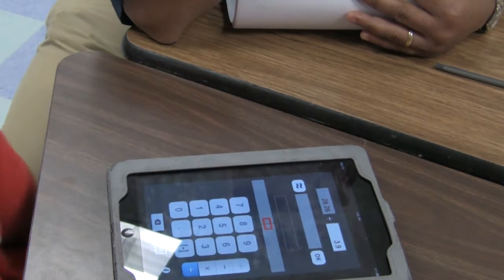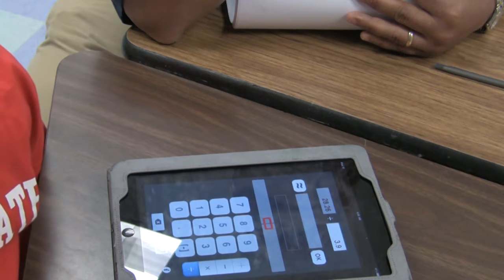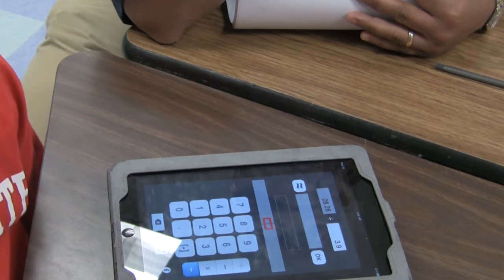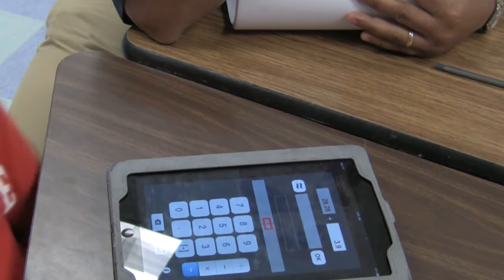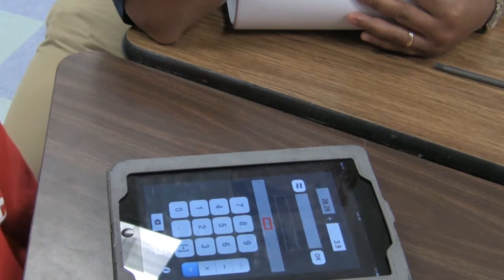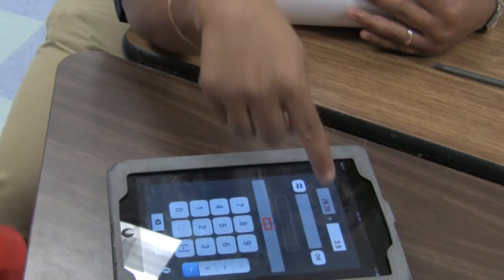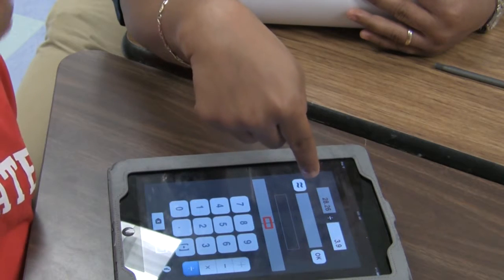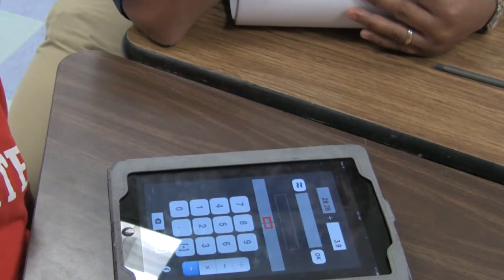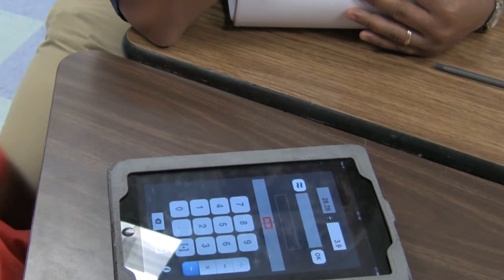Okay, so let's think about this. What's 3 times 12? 3 times 12 is 34? No. Yeah, 36. So if you did 12 and a decimal, would that be more than 28.26 or less than 28.26?